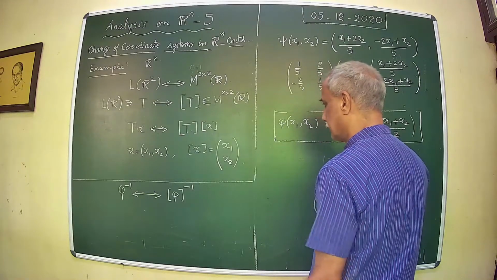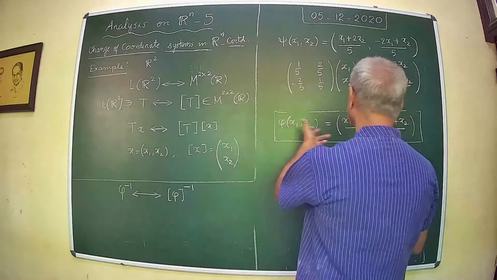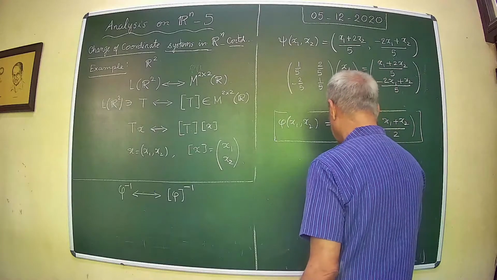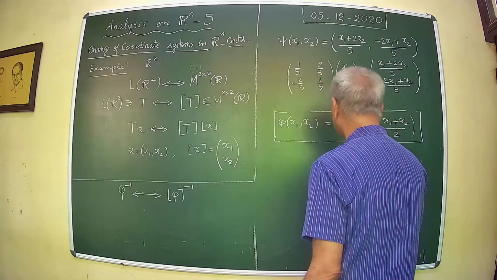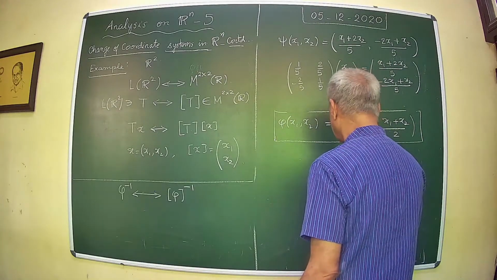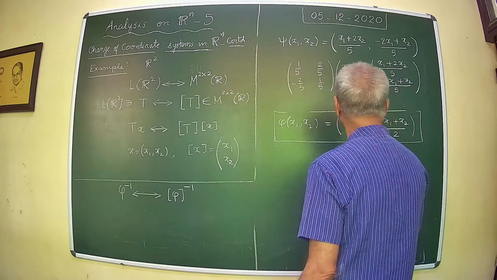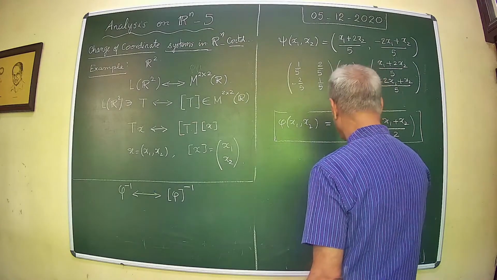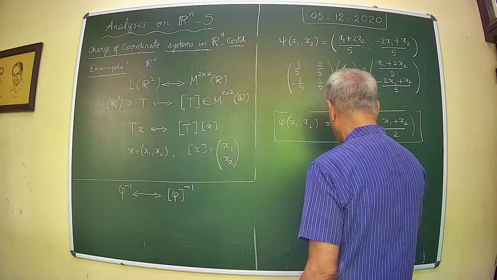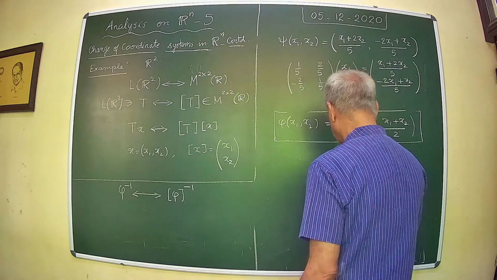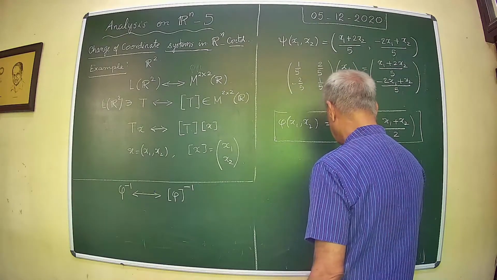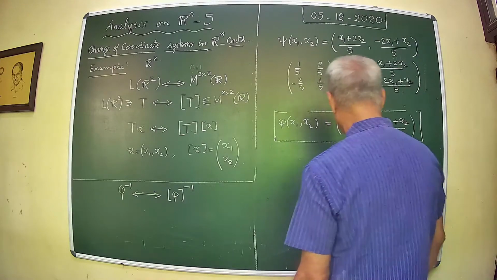Phi x is given by this, the point whose coordinates are given.